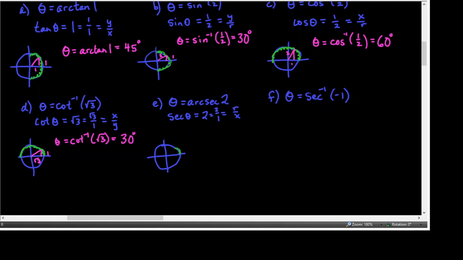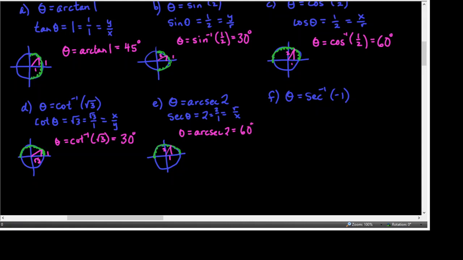That's basically from 0 to pi. And so draw a triangle where r is 2 and x is 1. And that angle, which is arcsecant of 2, is 60 degrees.